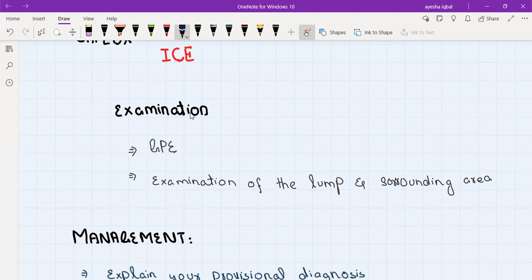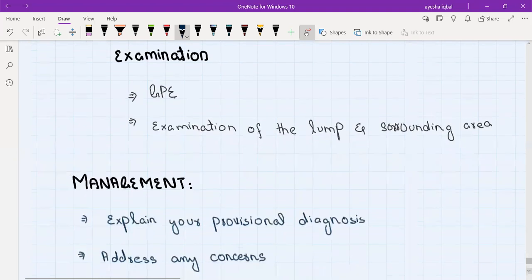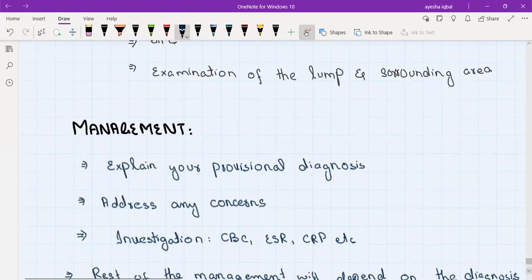All right. Then examination. In examination, you will verbalize general physical examination and examination of the lump and the surrounding area. Okay. Now, coming to the management part, after taking all this detailed history and doing your examination, especially of the lump and the surrounding area, this will give you a clue towards your suspected diagnosis.